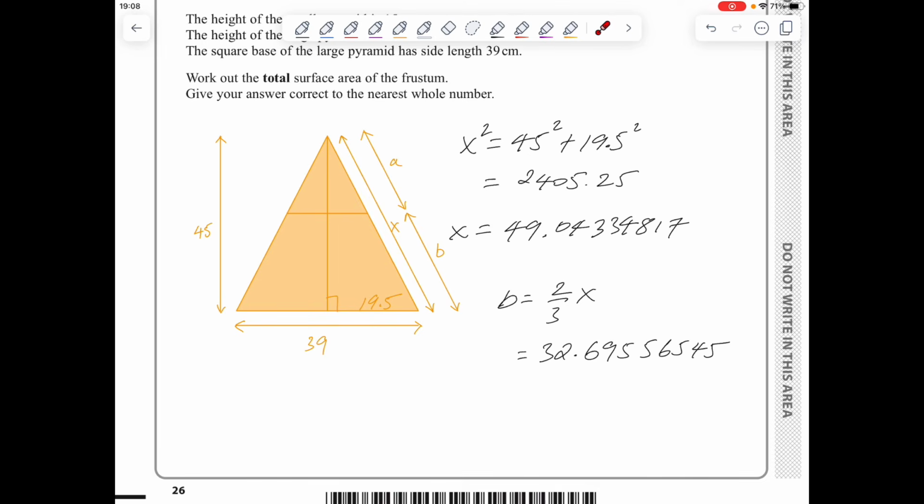And again, coming here on this shape, if I label this distance as C, I know that the ratio of C to 39 is 1:3. Therefore, C is equal to 1/3 of 39, which is 13. Therefore, let me extract now the trapezium.